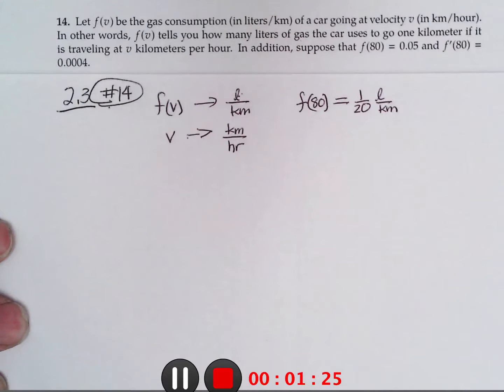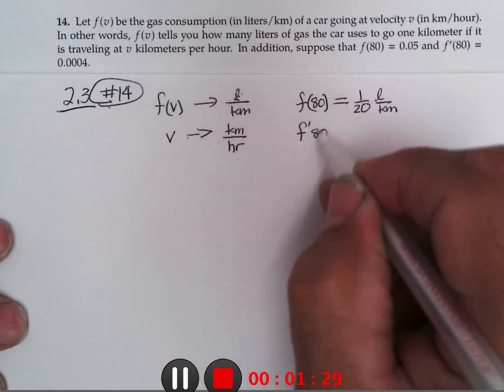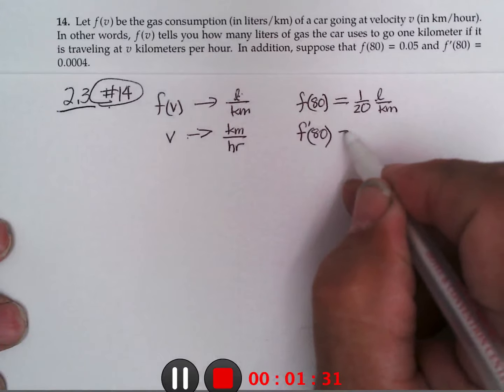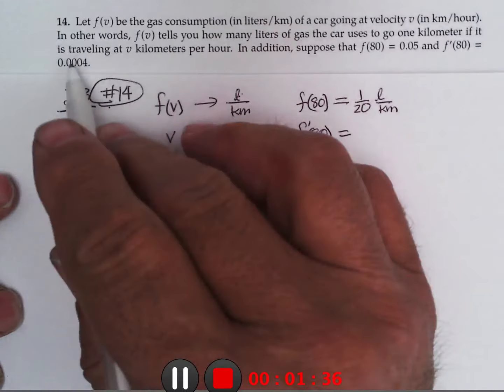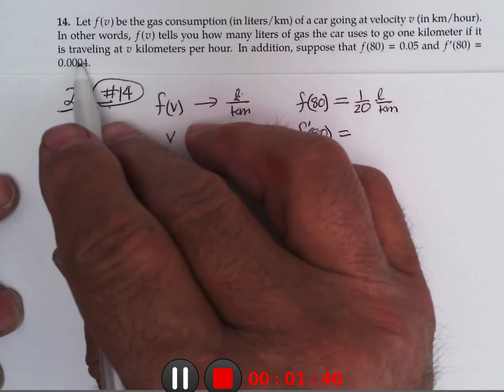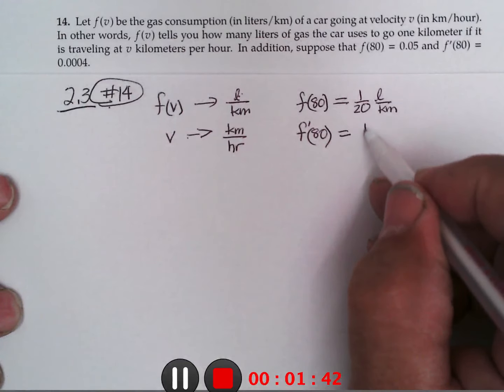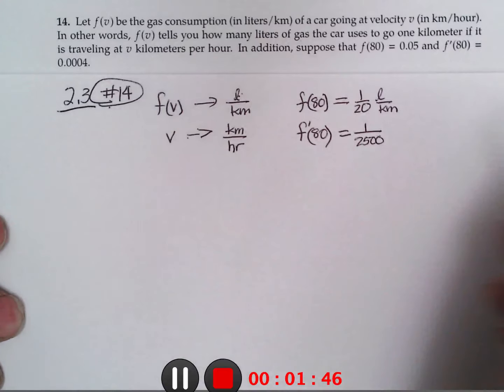And F prime of 80, this is the rate of change. This number is 4/10,000ths, which is 1/2500th. You change that to a fraction, and I prefer it.